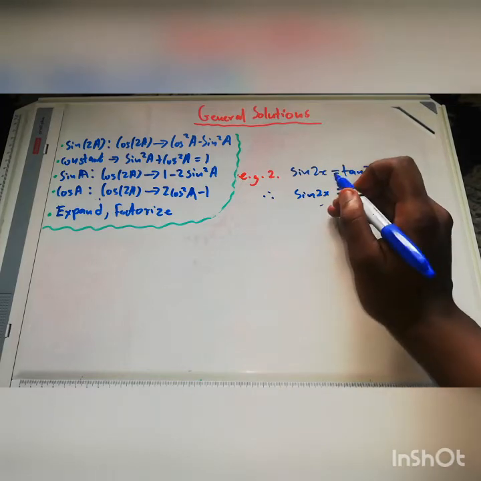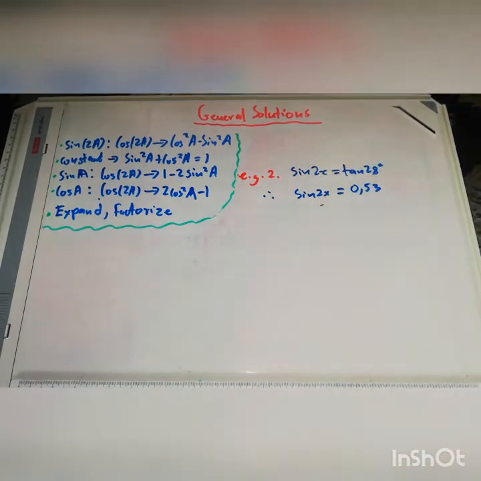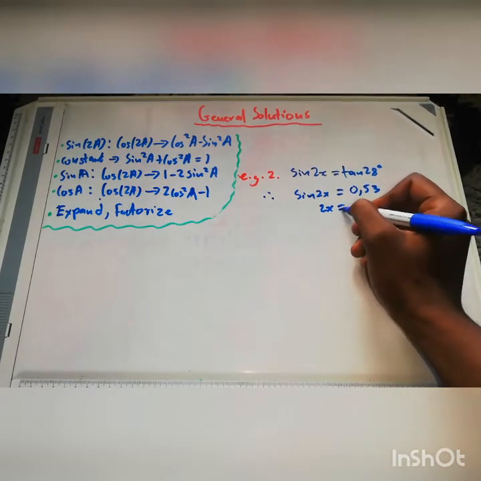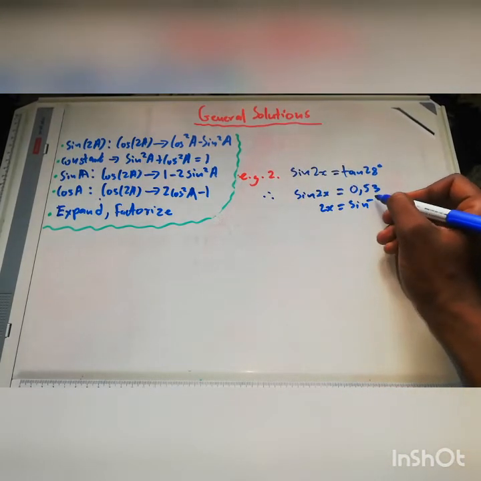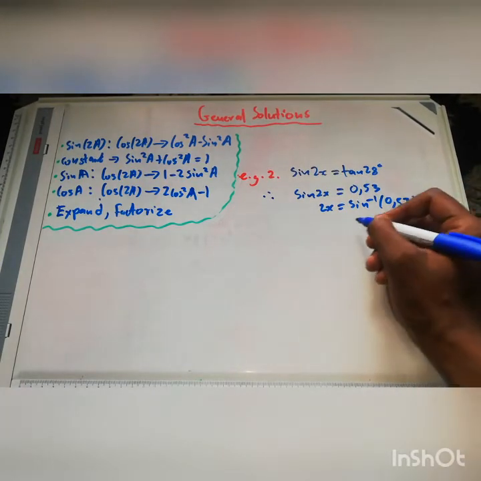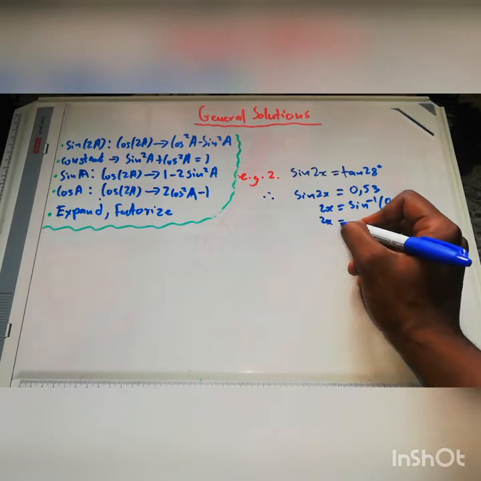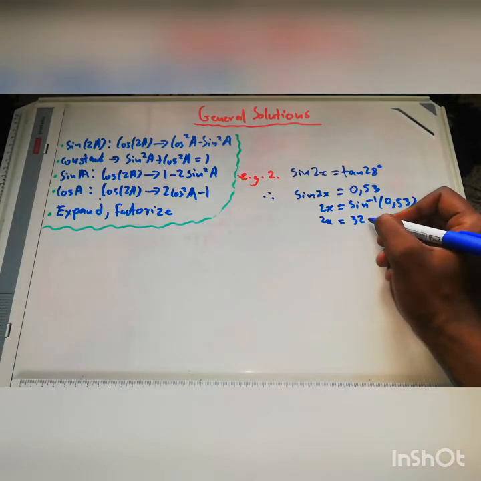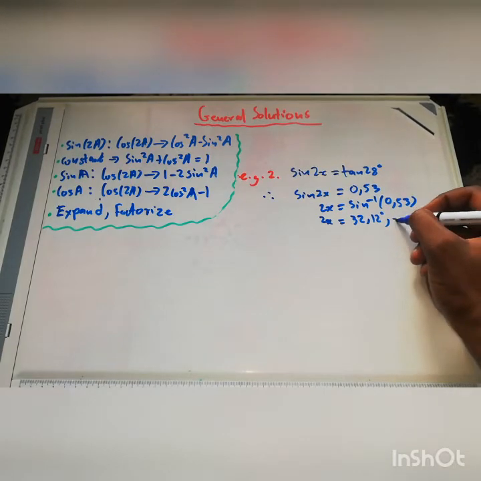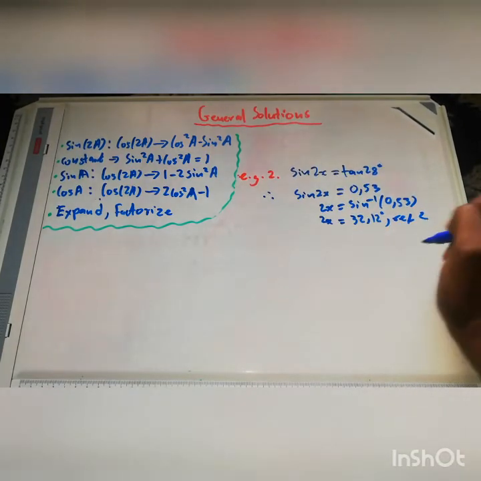And then if it's like this, you leave your 2x here, and then here you find your shift tan into 0.53, and then you'll get that your 2x is 32.12 degrees, which is also your reference angle.